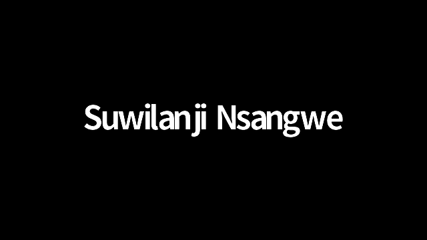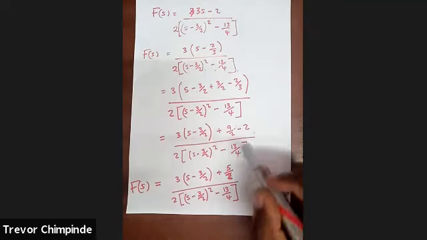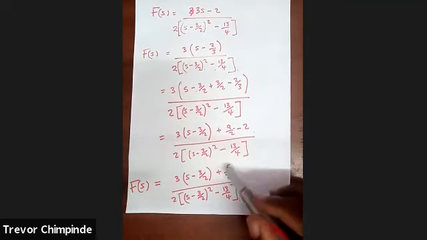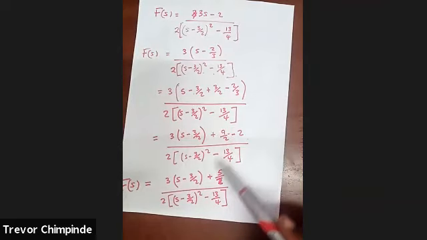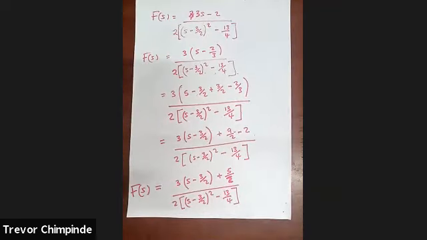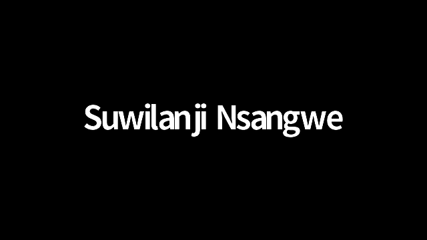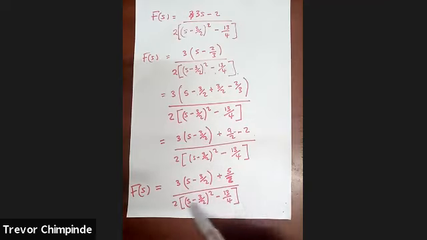Yes, I don't know if it's something I'm doing wrong, but I'm finding 5 over 2. This is 9 over 2 minus 2, which is 5 over 2. When I'm bringing them, I'm subtracting the minus 2 after I get 5 over 2.